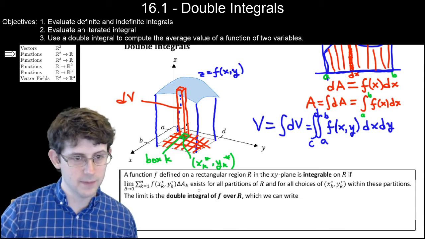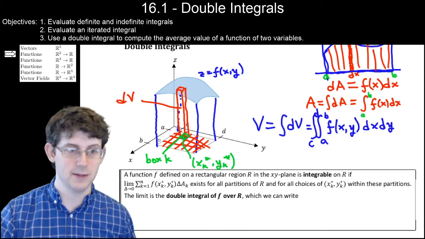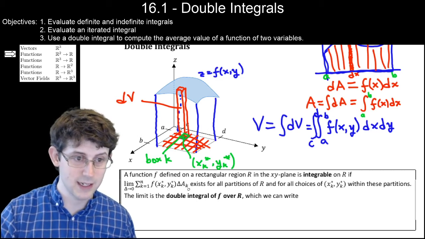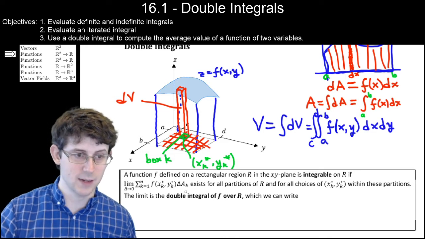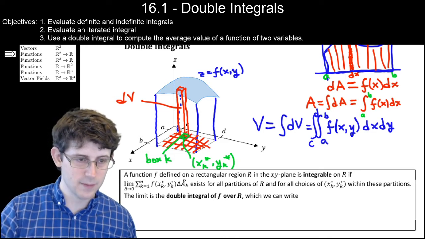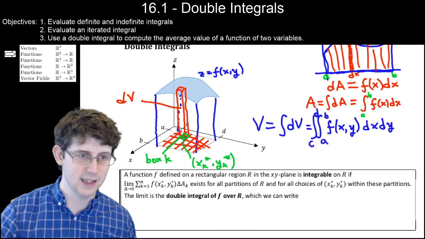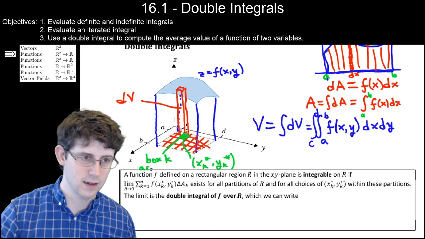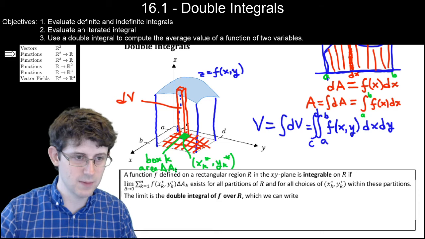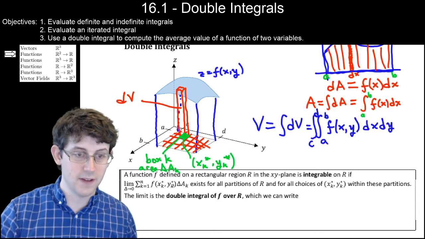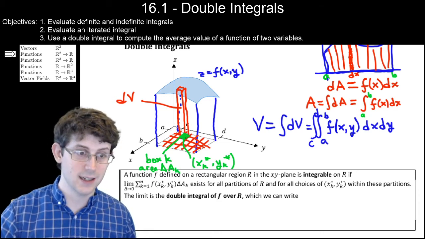Okay, if all the possible partitions of the base make this sum come out the same. So what is this sum? This is delta A_k, that's the area of this box. It's not that kind of k, it's a subscript. f of xk star, yk star is this height like we used before.